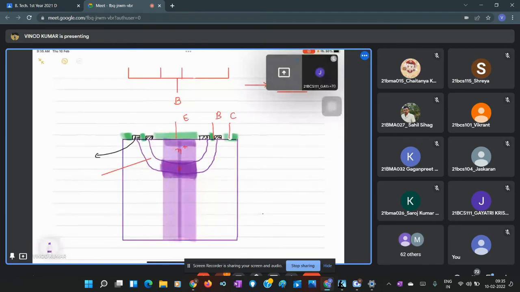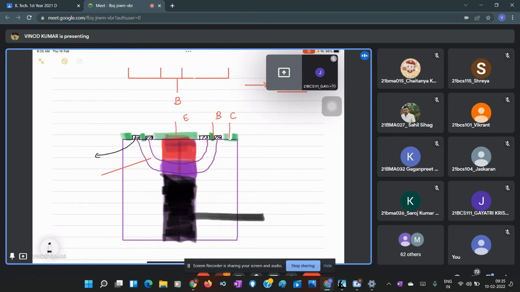ठीक है? emitter में अगर थोड़ा सा मैं change करता हूँ, emitter is having this portion, right? And collector, if I am depicting it like this, okay?